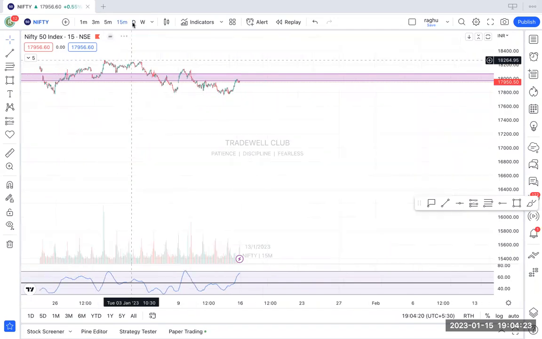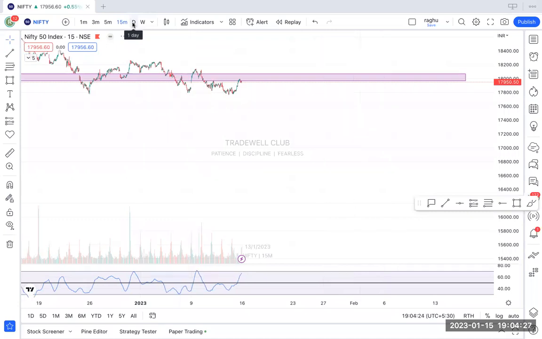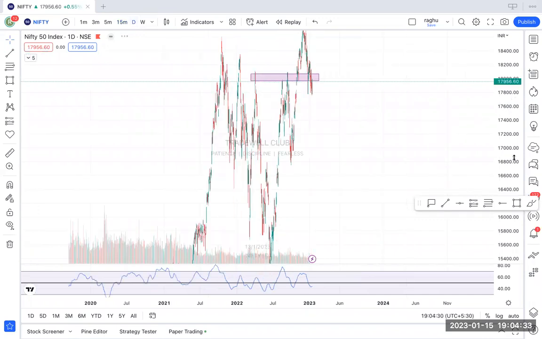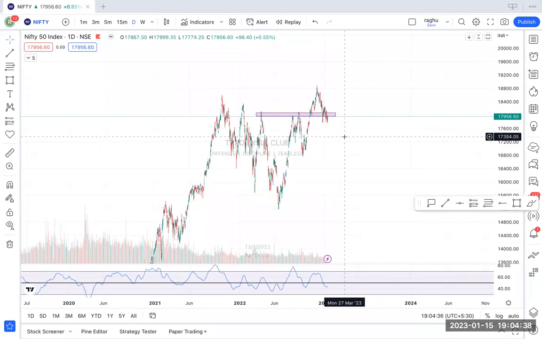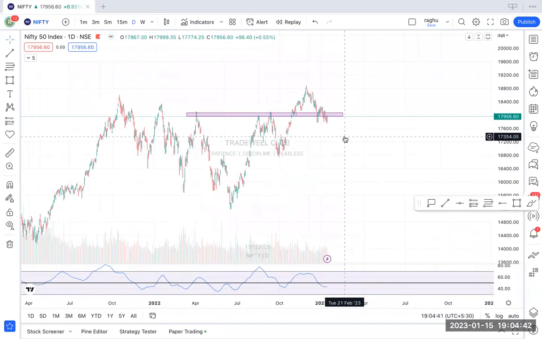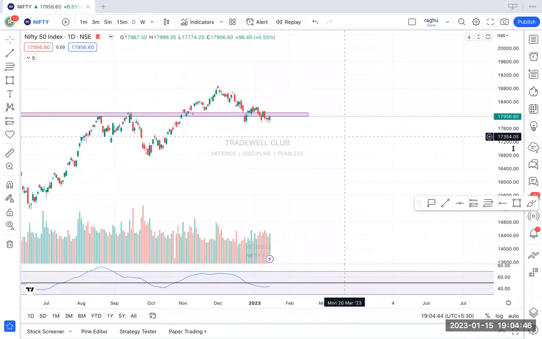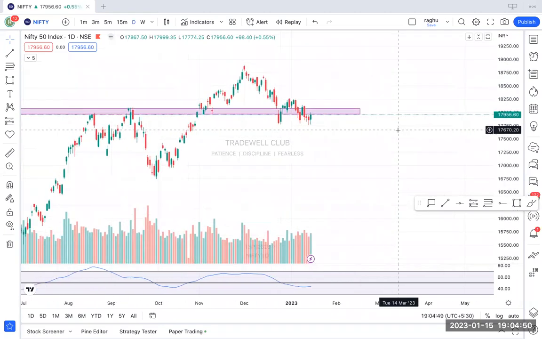So I'll go back to the daily time frame, and I will check what support and resistance are coming for my trades next week in an overall view. Let me quickly mark my levels, what exactly is going to happen next week. Based on that, I will share my levels with you guys after this discussion.